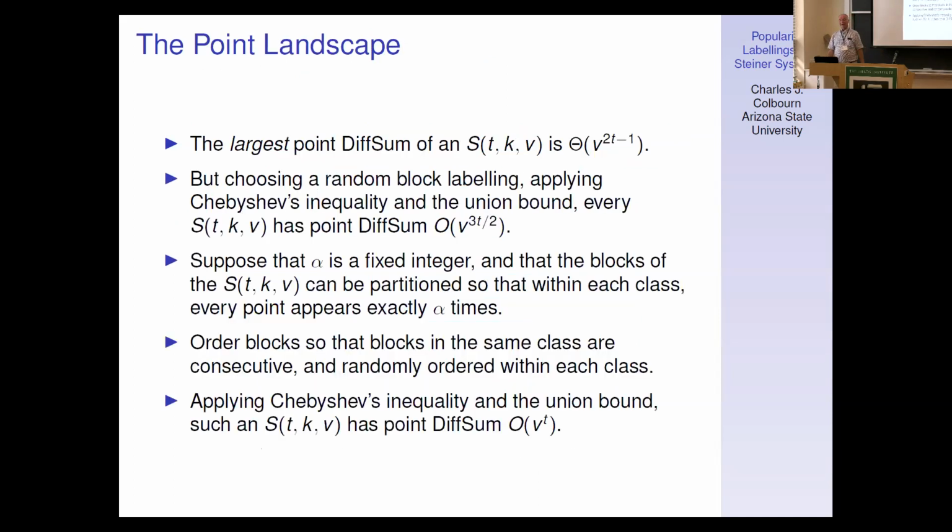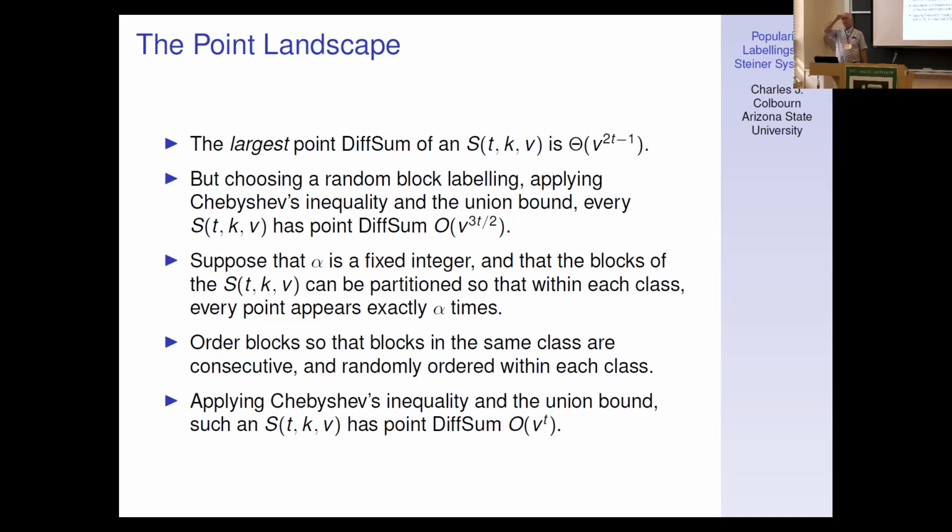Right? So points. Well, points were in much better shape. I'm going to approach this fairly obliquely by starting with the worst things I can do. So the worst thing that can happen to me, the largest point diff sum I could possibly get, grows like b to the power 2t minus 1.